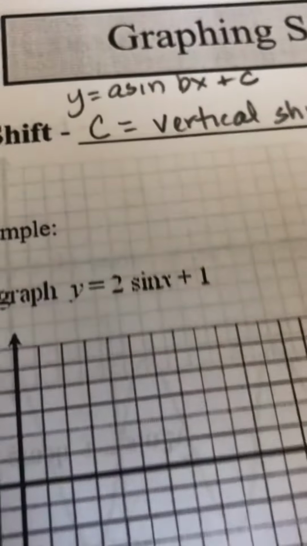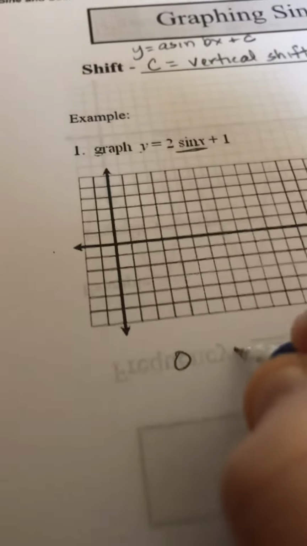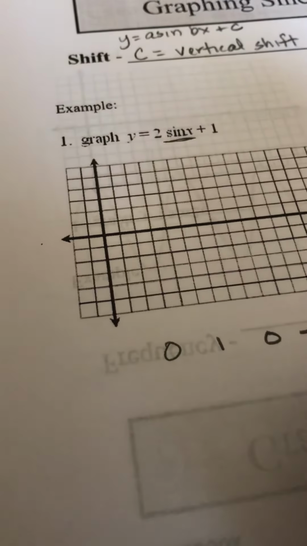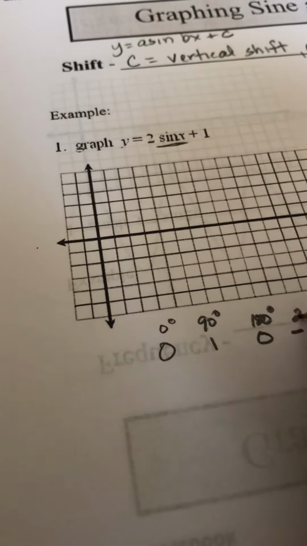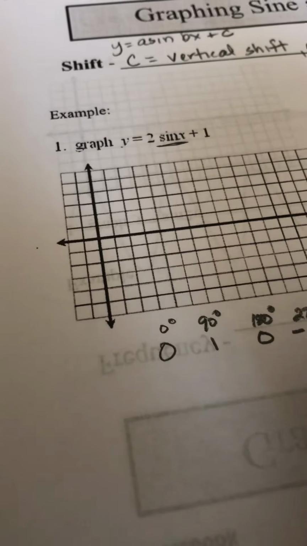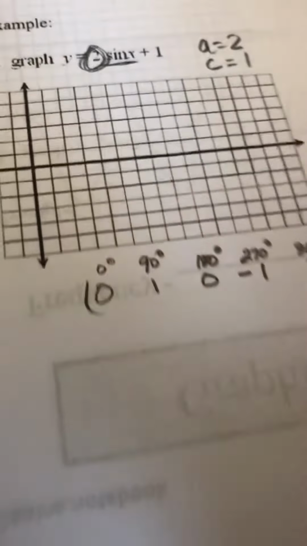So here we go again. We have y equals 2 sine x plus 1. Again, start off, it's sine. So for sine, my numbers are 0, 1, 0, -1, 0. Go with my 0 degrees, 90, 180, 270, and 360. First thing we do, we have a equals 2, and we have c equals 1.